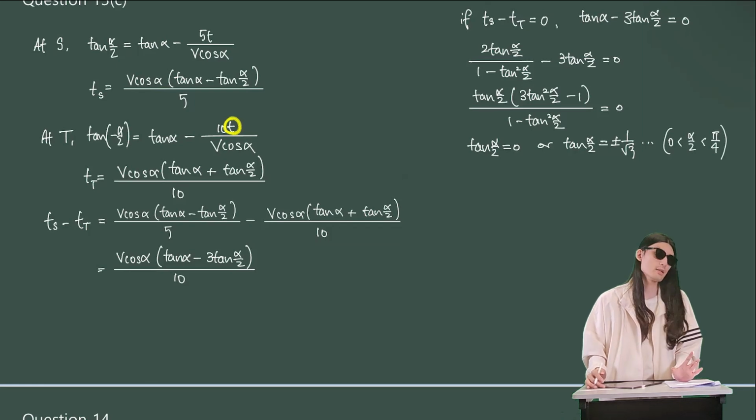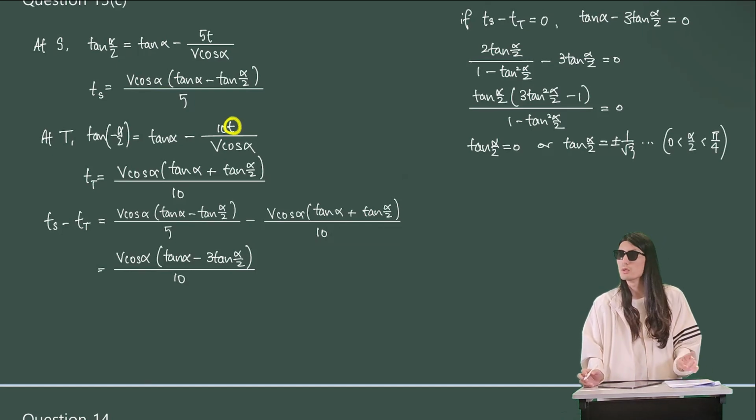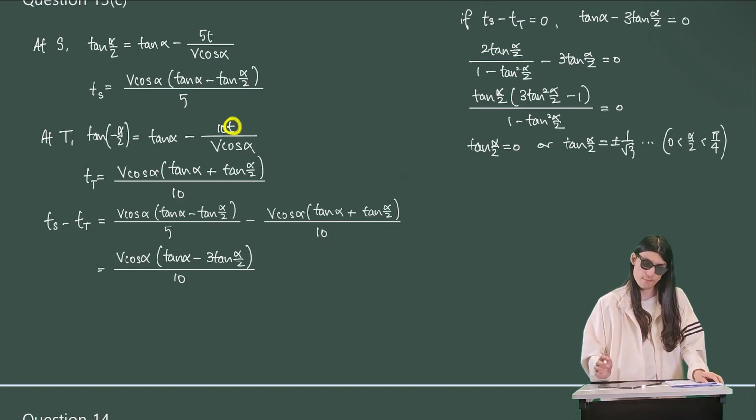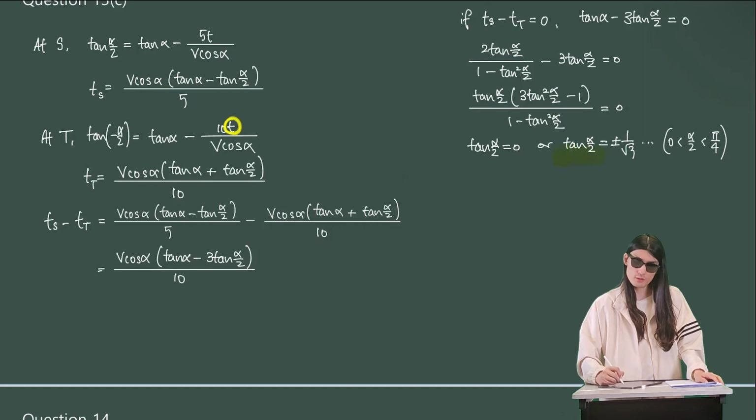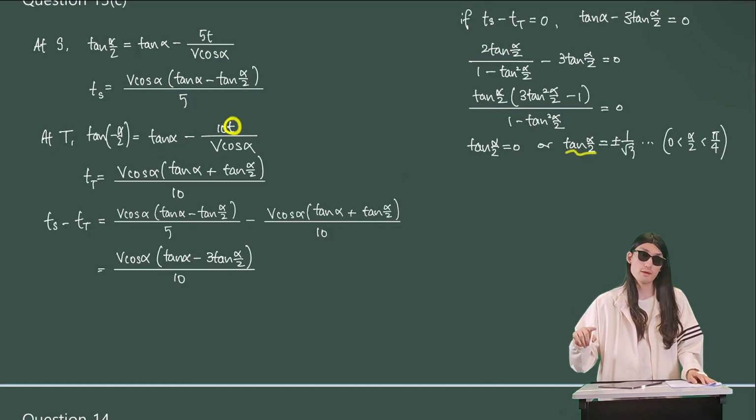And in that interval between 0 and pi on 4, the only equation out of these that actually has a solution is tan alpha on 2 equal to positive 1 over root 3. The negative one does not have a solution in this interval.